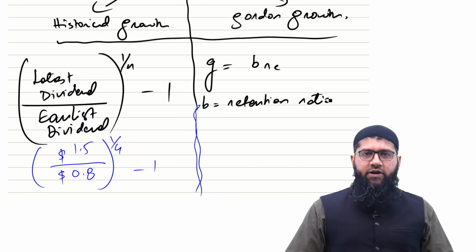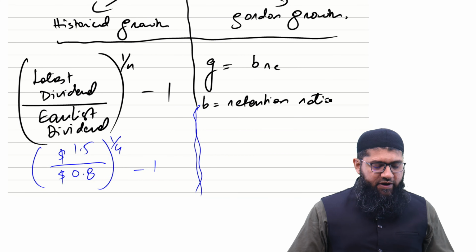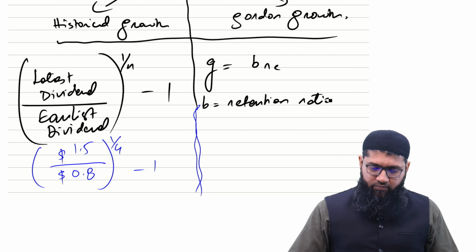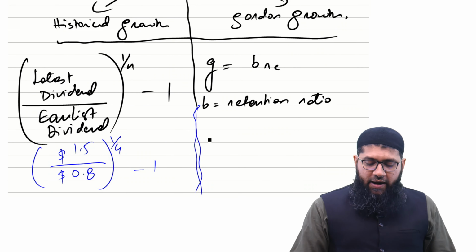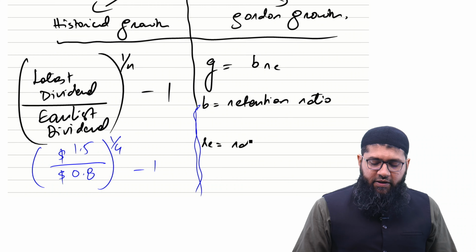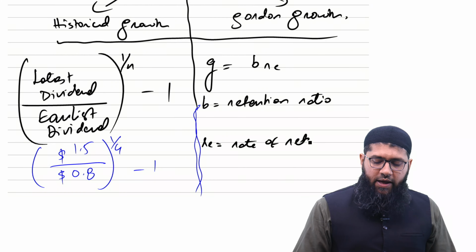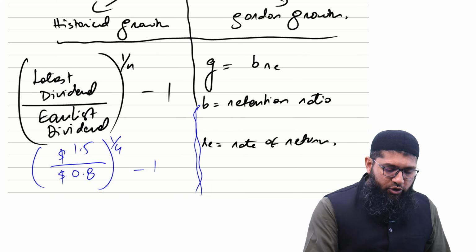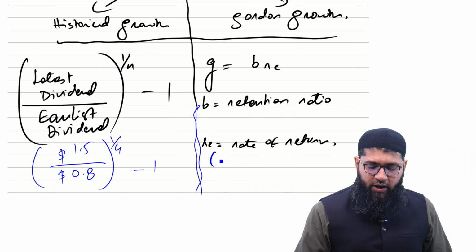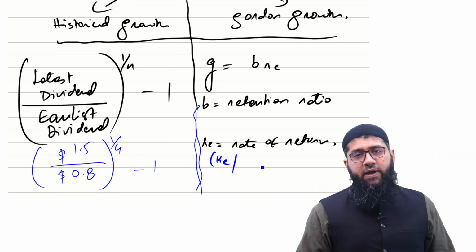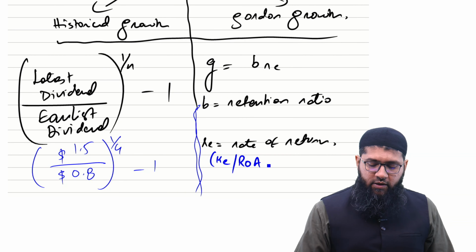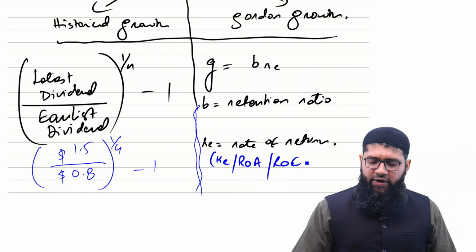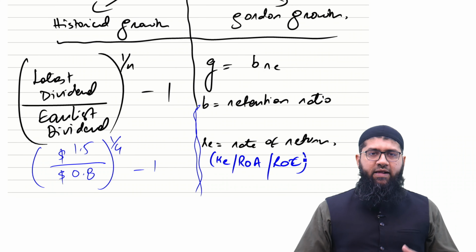And r e is the rate of return. The rate of return could be your Ke, your return on assets, your return on equity, or any other return that could be given to you in the examination question.